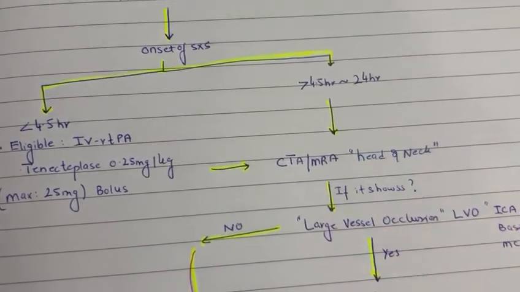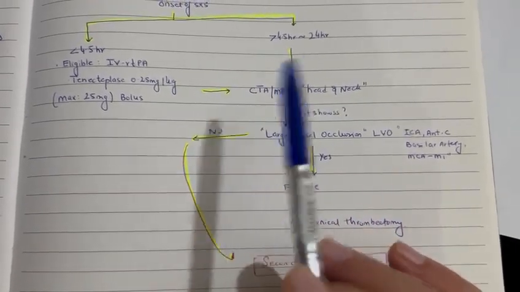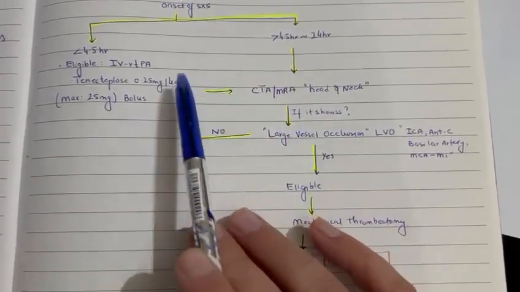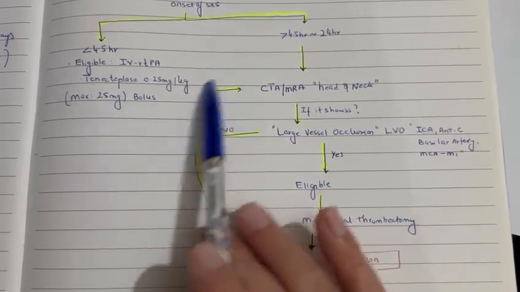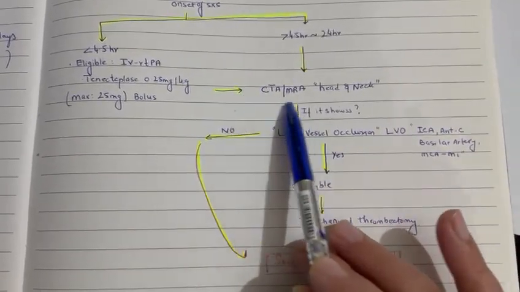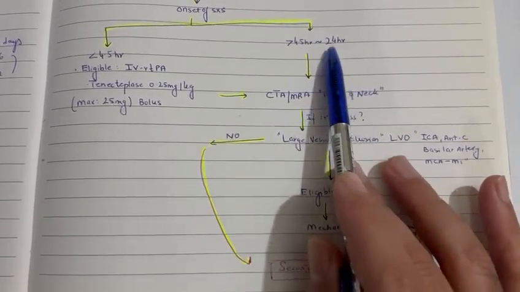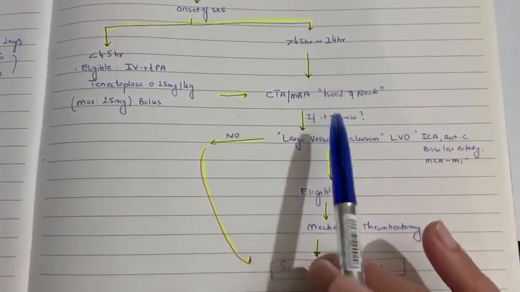Once we know the patient is out of the window or the patient has had thrombolysis, the next step will always be a CTA or MRA for the head and neck if the patient presents in less than 24 hours.